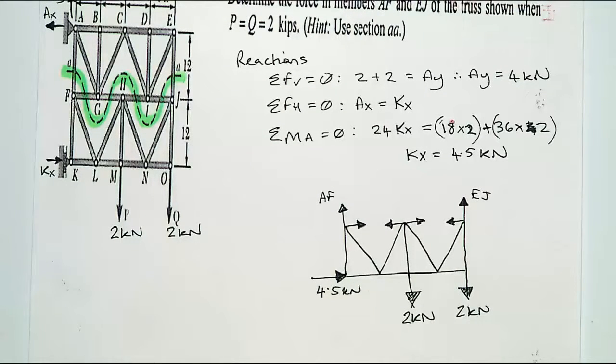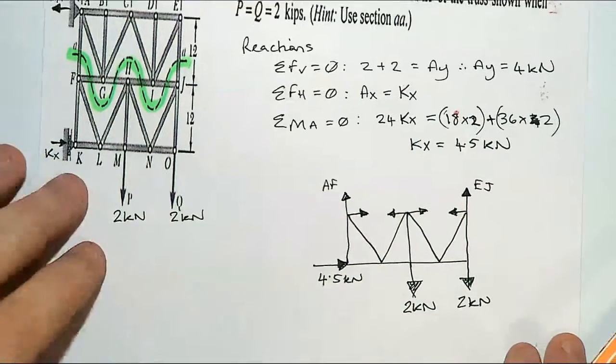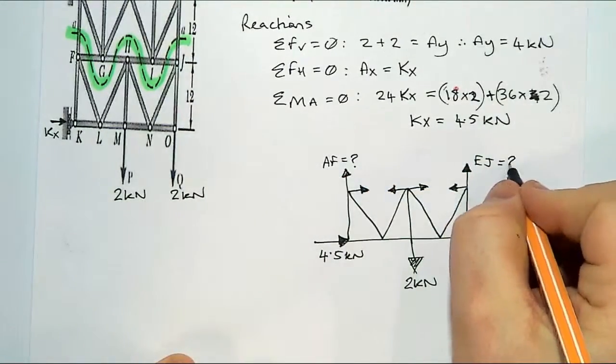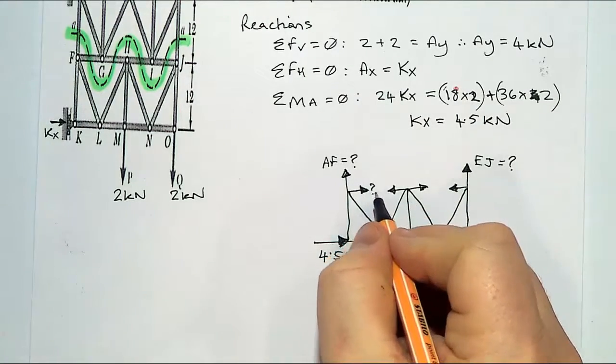So again, you're told to slice through, and by going through AF, you make this into a force, and because we're going down through FG, we've made that into a force, and then we're going through GH. So every time we slice through a member, we leave a force. This is what we're trying to find out, AF and AJ. We also don't know what these are.